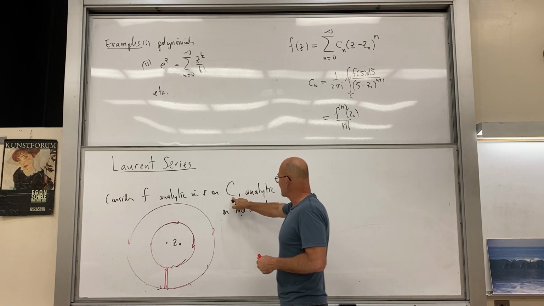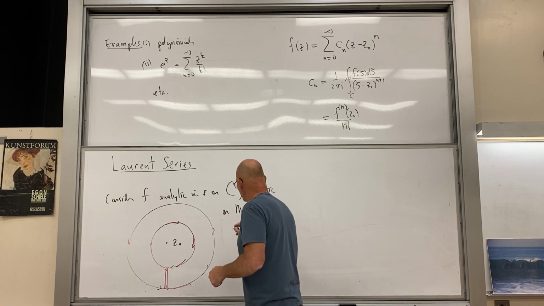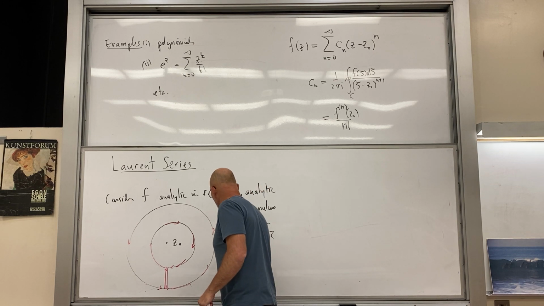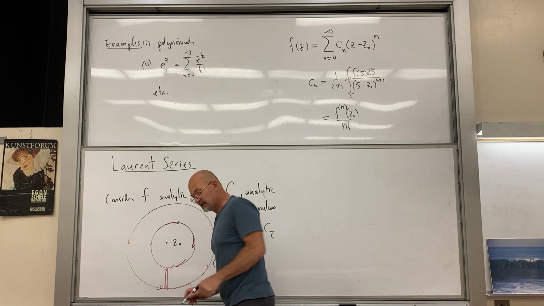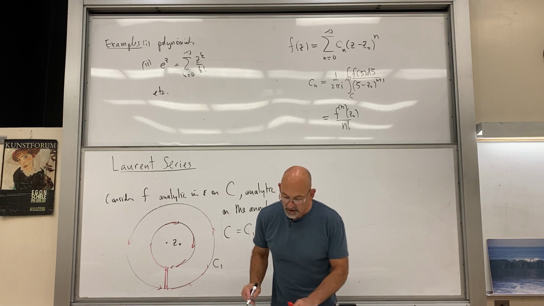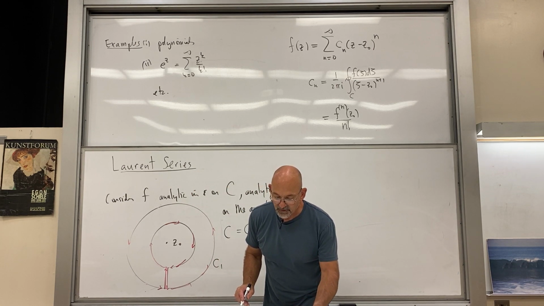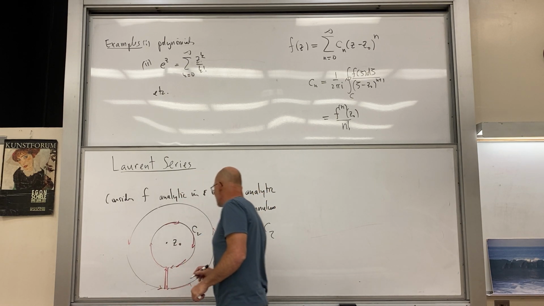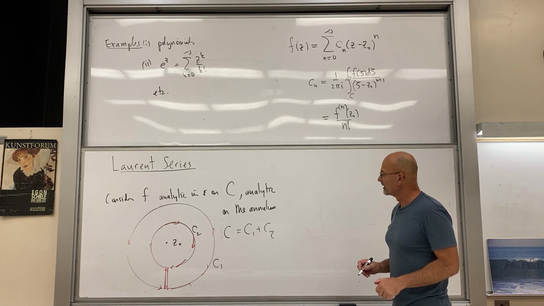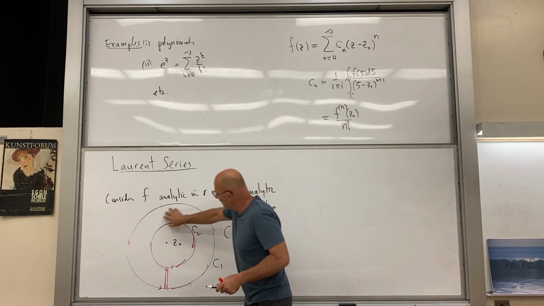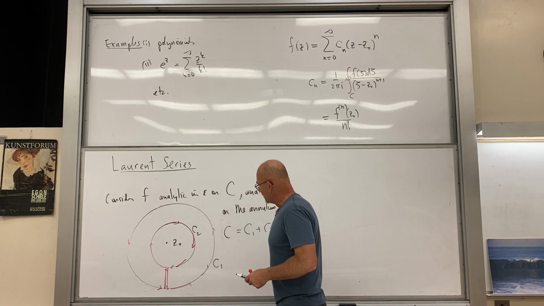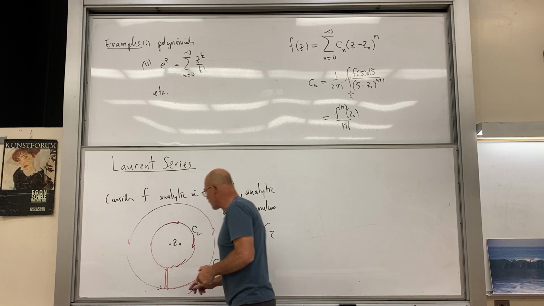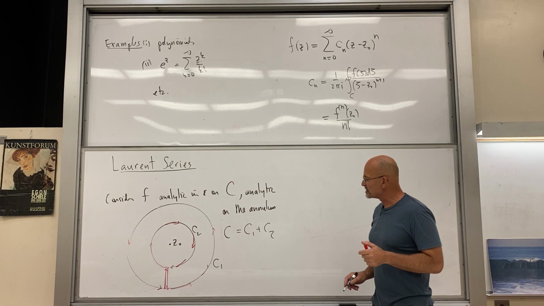And so this entire thing is C, and C is equal to C1 plus C2, and we're letting C sub 1 be the outside, I believe, and C sub 2 be the inside. Okay. So yeah, we're analytic on the annulus here. What type of point z sub 0 is, we're not even specifying yet. It's just a point about which we're going to do our expansion again.